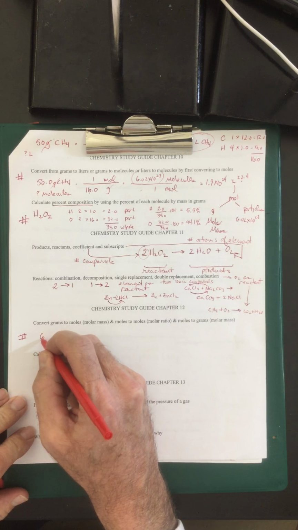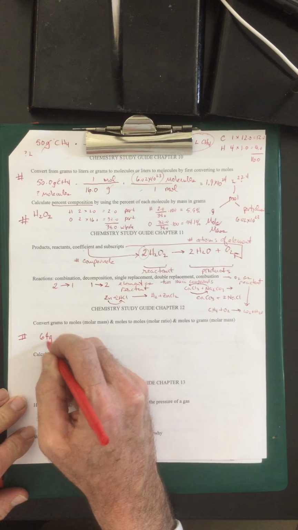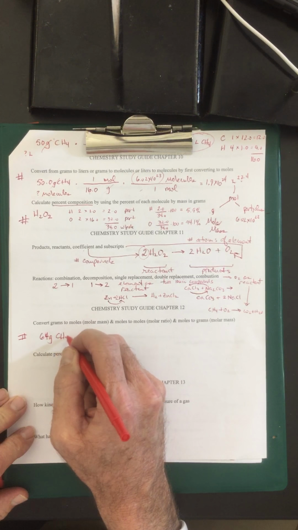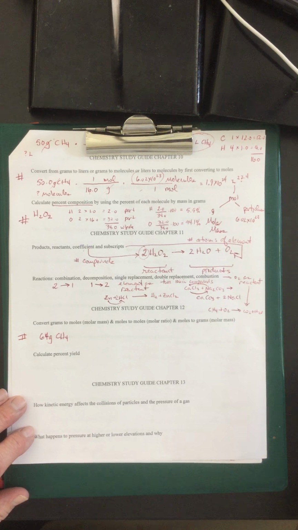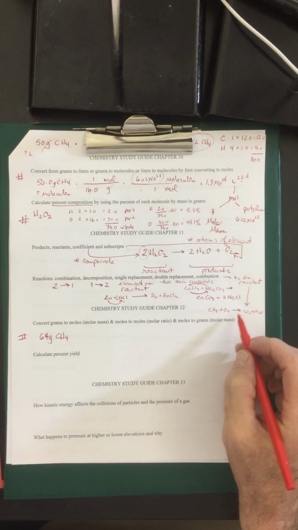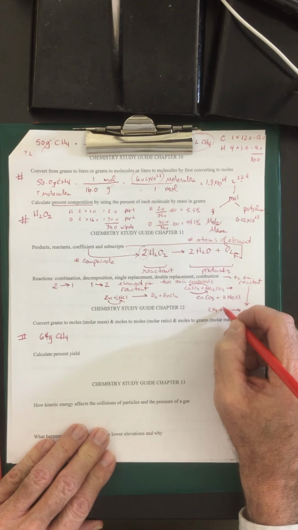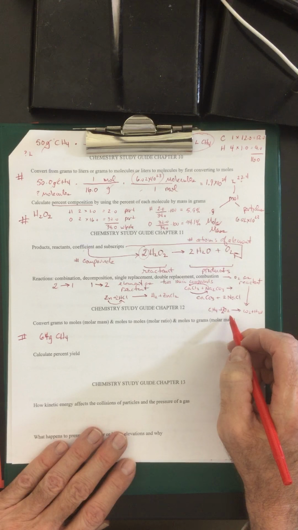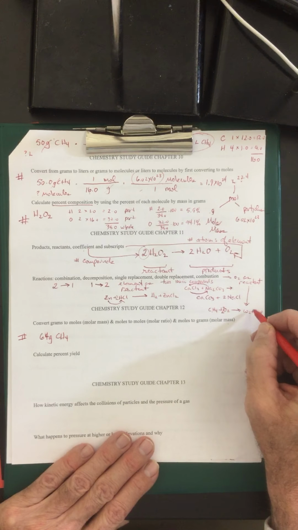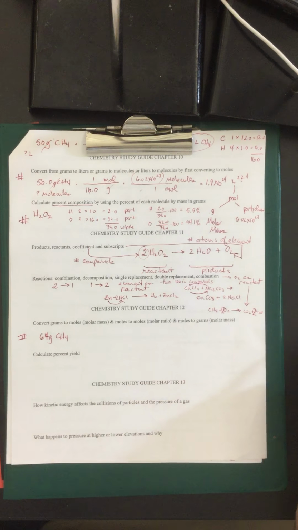And we are going to be converting 64 grams of methane. So we have 64 grams of CH4. Let's use this formula up here. We have CH4, we actually have 2 oxygens that are required to burn 1 methane, and it produces 2 H2Os.